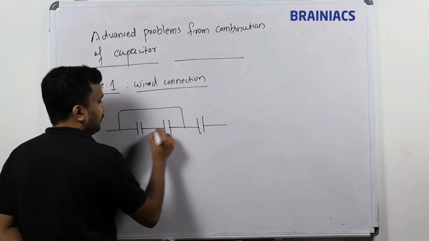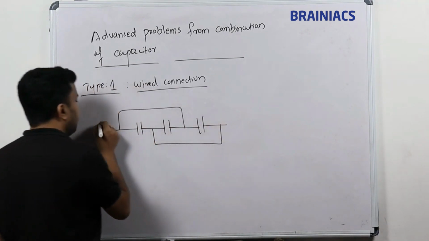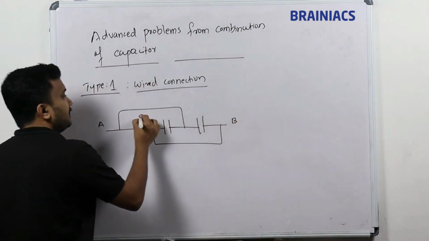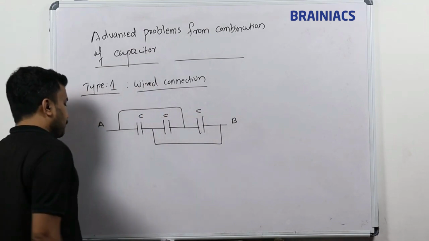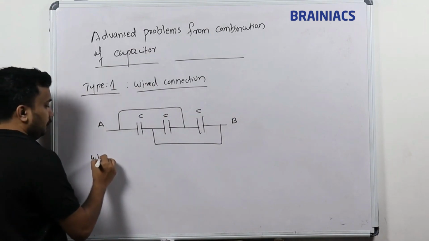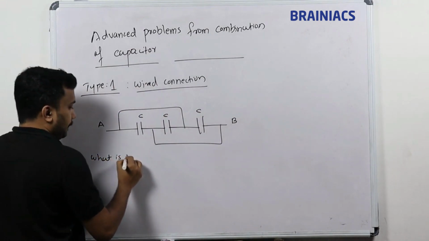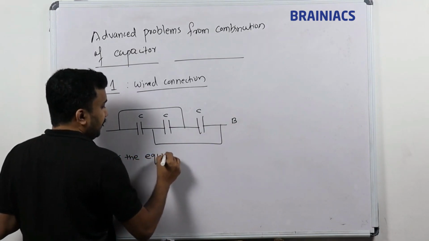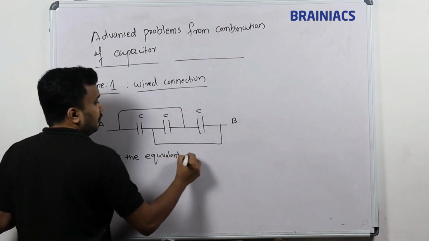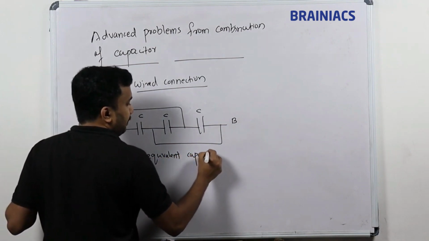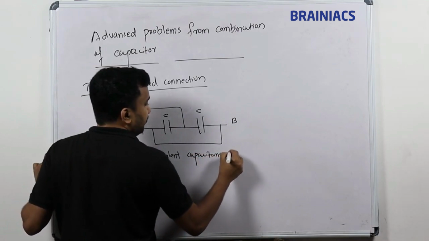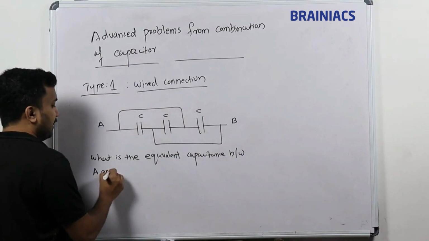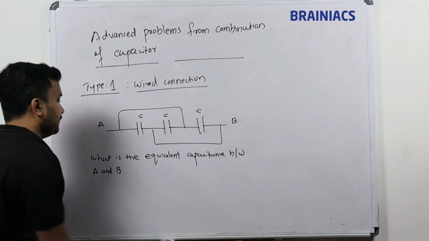This is connected like this and this is connected like this, and this point is marked as A and this point is marked as B. This is C and this is C. So, the question is, you can write the question along with me: what is the equivalent capacitance between A and B?